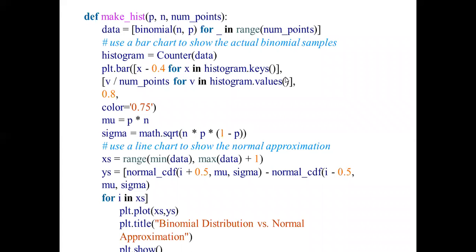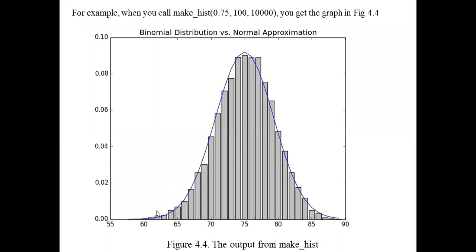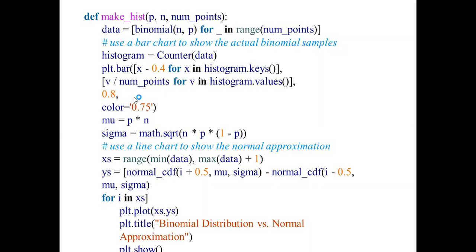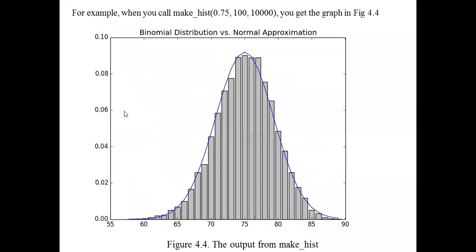Keys means that I will have the x value, and this will be my y value. So we divide by num points for v in histogram values. Then we wanted to set the color as 0.575. So this color is given to this complete line.